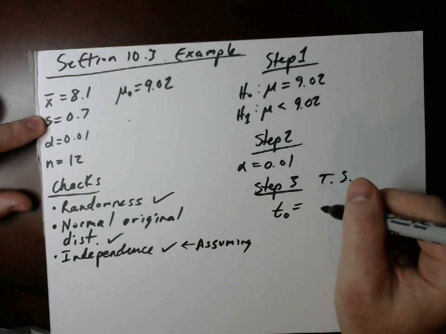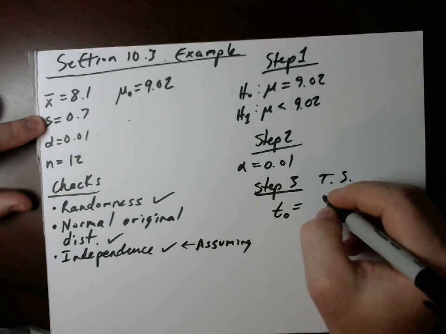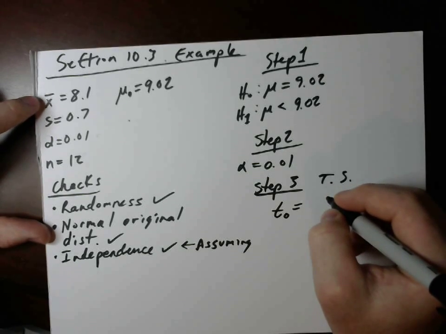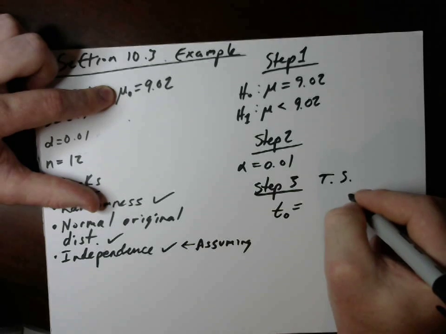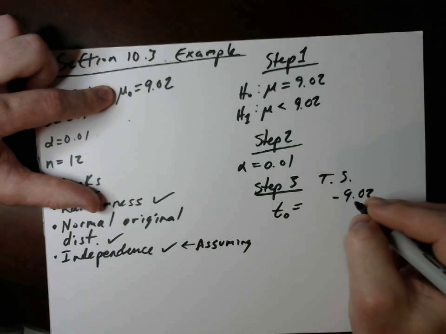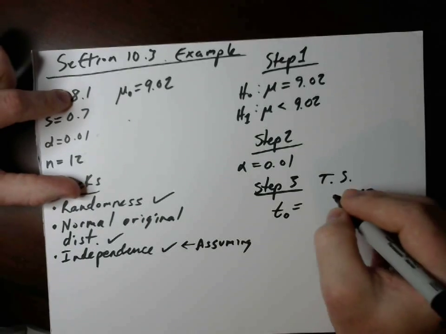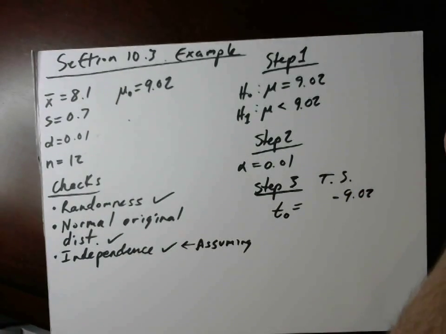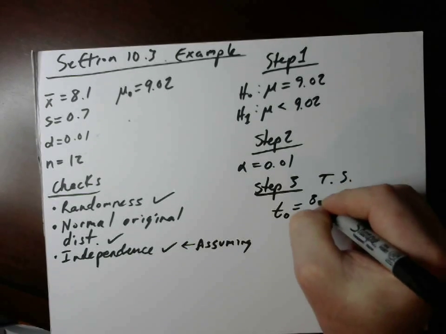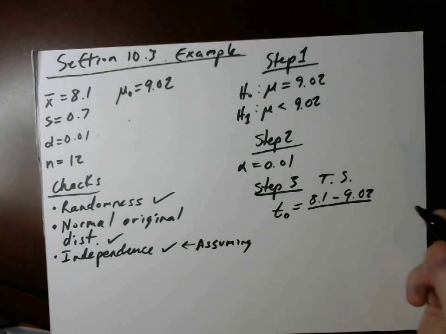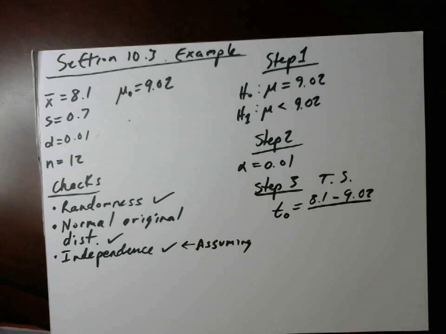And as you may remember, t naught is equivalent to the comparison, and now we're, like 10.2, we're assuming that our claimed value is correct. So we're centered at 9.02. So we're comparing it to 9.02, our claimed value. How well does the sample match up to our claimed value? So in this regard, we would want to compare 9.02 to 8.1. And we will get back to that.